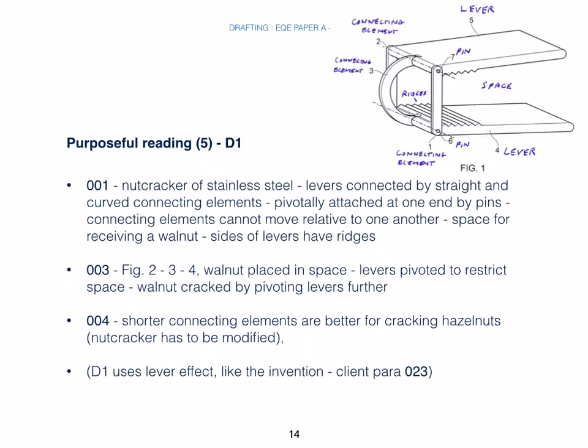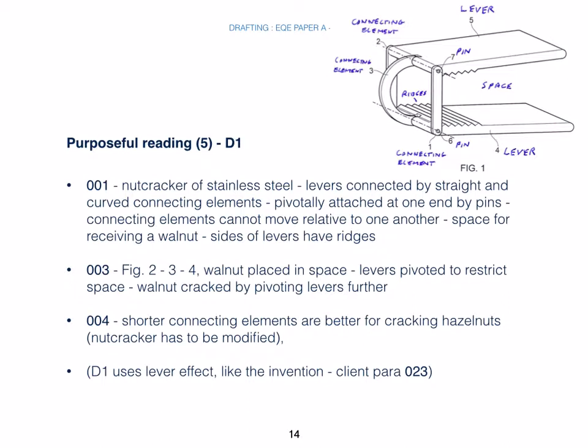Paragraph 2 is an introduction to the figures. Paragraph 3 says the walnut is placed between the levers 4 and 5 and the connecting elements 1 and 2, figure 2. You should have figure 2 available. The lever 5 is then pushed towards the lever 4 so that it rotates about the pin 7, figure 3, arrow A. The space is thereby restricted until the lever comes into contact with the walnut.